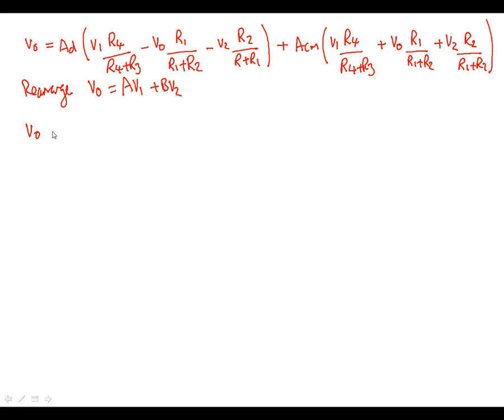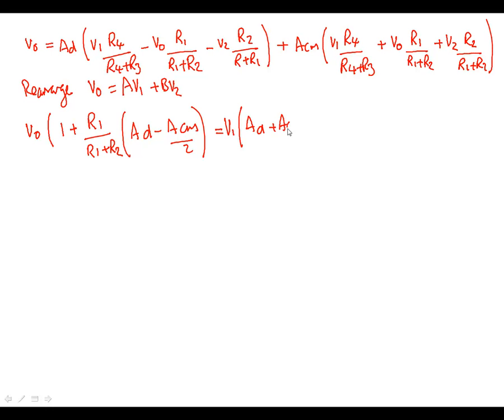We will end up with V out times 1 plus R1 over R1 plus R2, into AD minus ACM over 2, is equal to V1 into AD plus ACM over 2 with a fraction R4 over R4 plus R3, plus V2 into, this time, ACM, my common mode gain, over 2 minus AD, differential mode gain, and we have a fraction here, this is R2 over R1 plus R2.